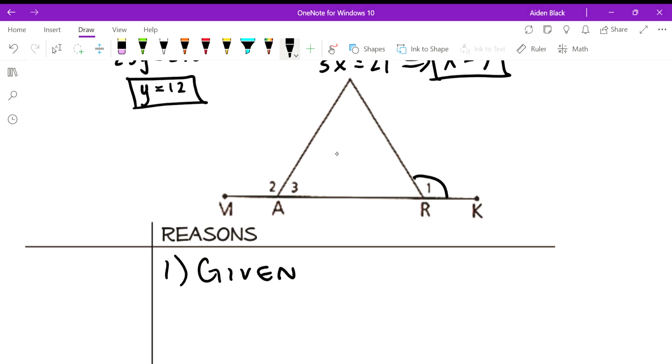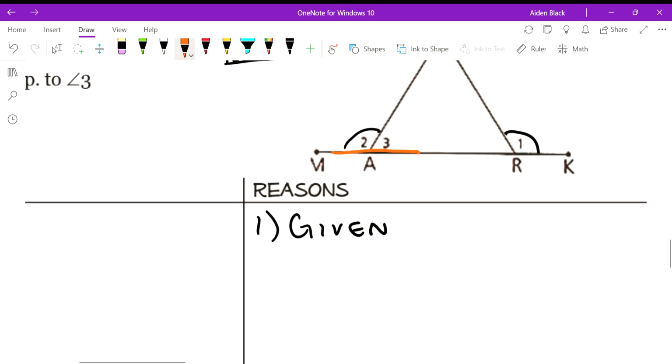We already know that angle 1 is congruent to angle 2. And if we look at this drawing, this diagram, we see that angle 2 and angle 3 form a linear pair, which means they're supplementary, which means the measure of their angles add up to 180. Now if these two add up to 180, then 3 and angle 1 should also add up to 180.